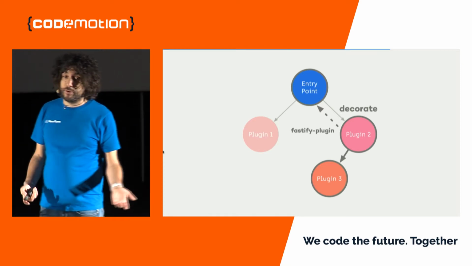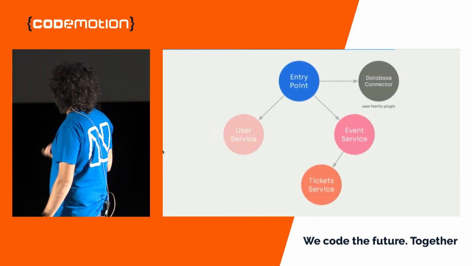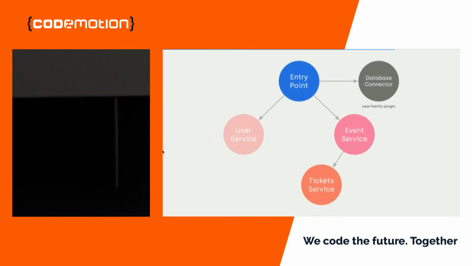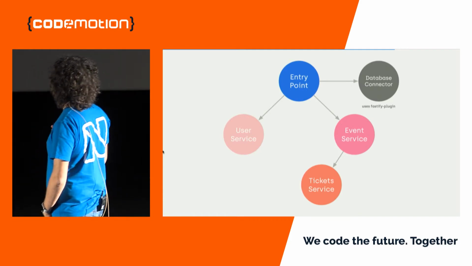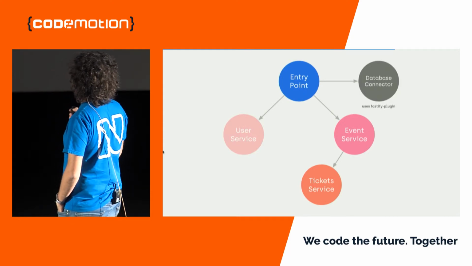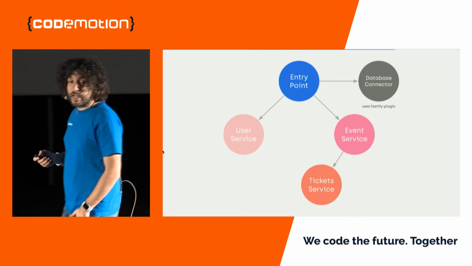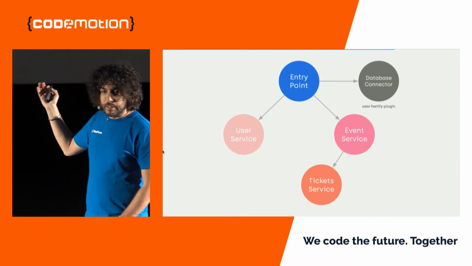That is a very cool feature, so we wanted to be able to do this. And in fact, a typical system is built in this way. You have an entry point, a user service, maybe an event service and a ticket service, and there is a database connector that uses Fastify plugin that is connected to the entry point, and then it's shared throughout the full system.